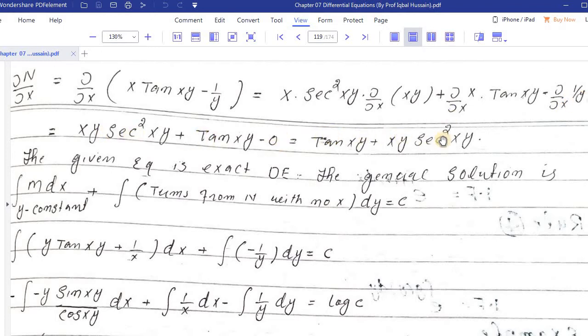Simplifying, this is the simplification. Now this is value of del N over del x. Value of del N over del x is equal to this one, and this is also value of del M over del y. Hence the given equation is exact differential equation.